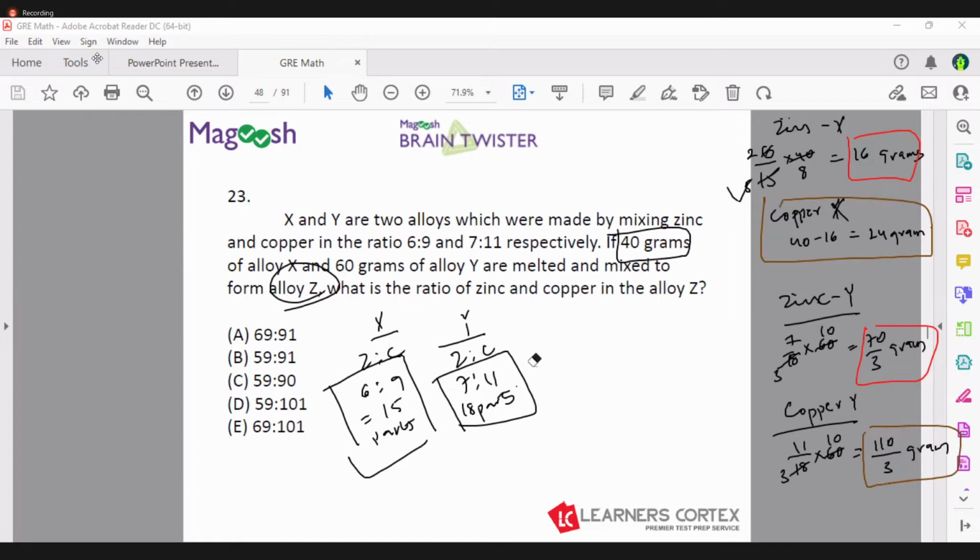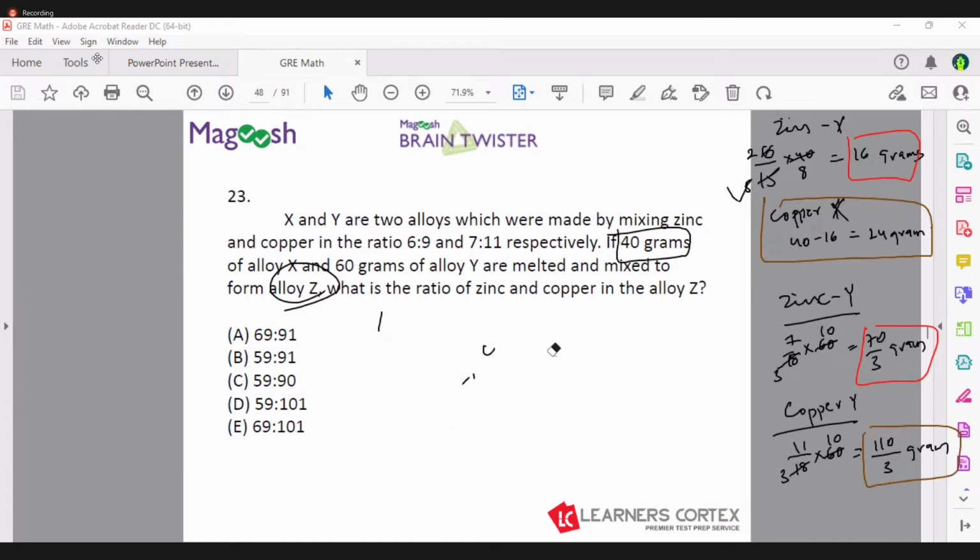110/3. Now if we have to find out the ratio of zinc and copper, we just add the amount of zinc and add the amount of copper and take out the ratio. So 16 plus 70 over 3 and 24 plus 110 over 3.